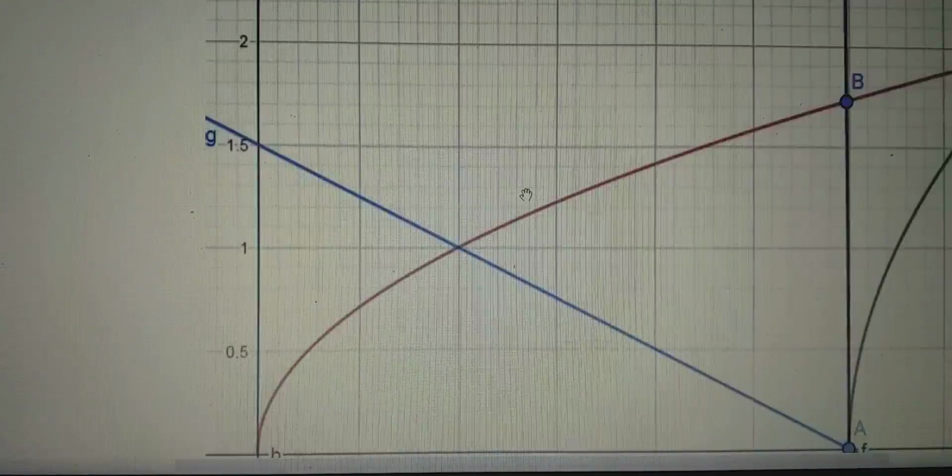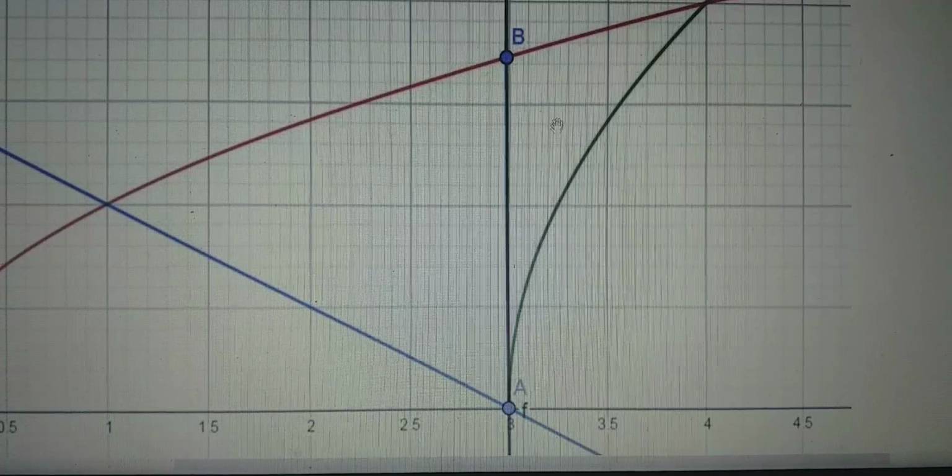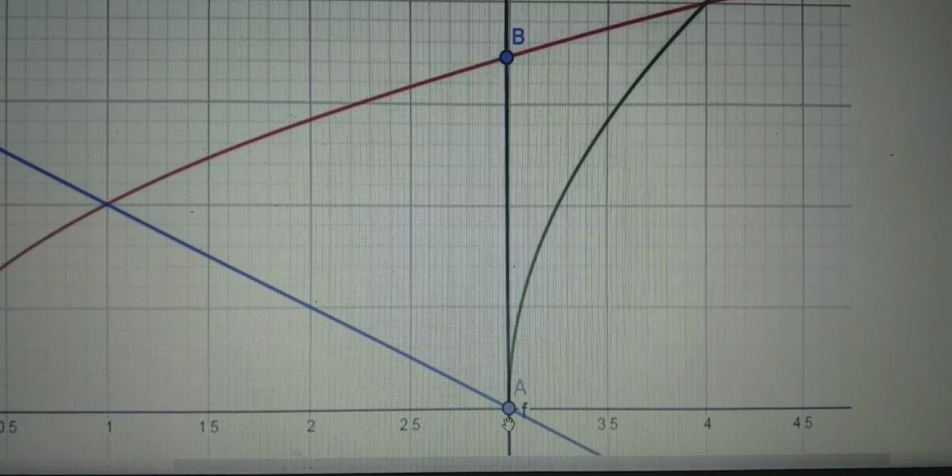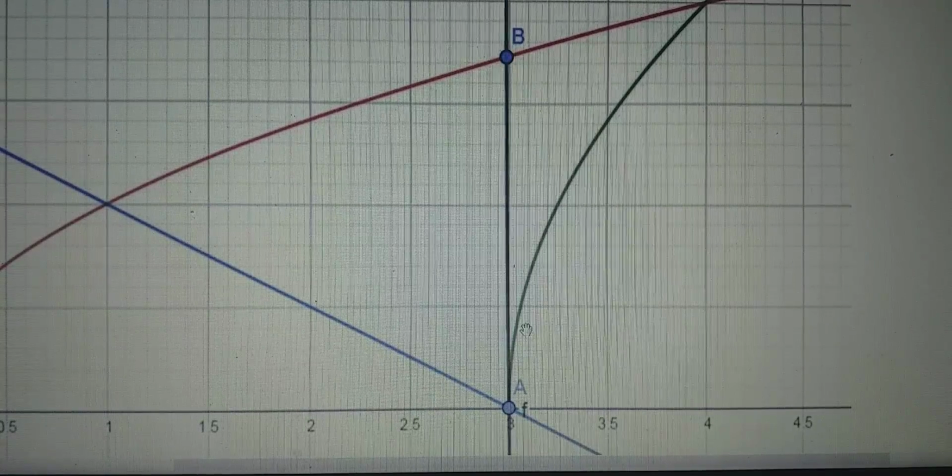How about the second part? The bounds are 3 and 4. Also the red curve is above the green curve.